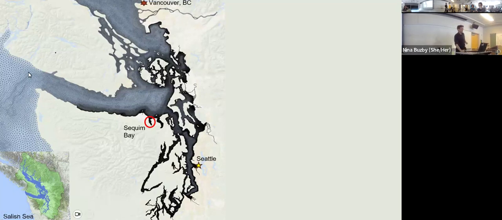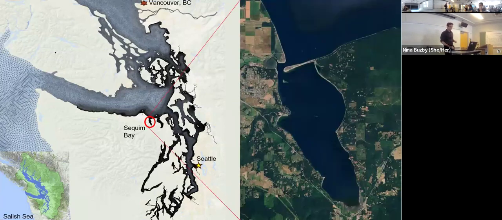So you can see out here, we have a relatively coarse grid cell. It's still much higher resolution than our Barium 10K model. But then here at Sequim Bay, it gets even higher resolution, much, much higher. And so it allows us to really have high resolution where we care about it while still covering a large area without completely crushing our budget with computational burdens by keeping the whole thing high resolution.